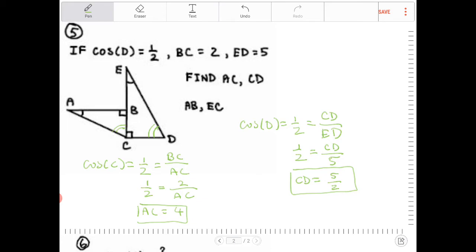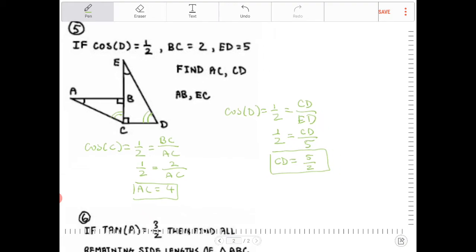And I need to find out what AB is. Since I know all these things now, that CD is equal to 5/2 and AC is equal to 4, and these are right triangles, we can use the Pythagorean Theorem to figure out the rest.